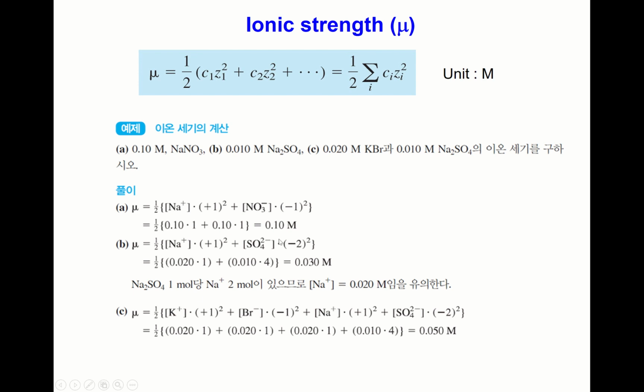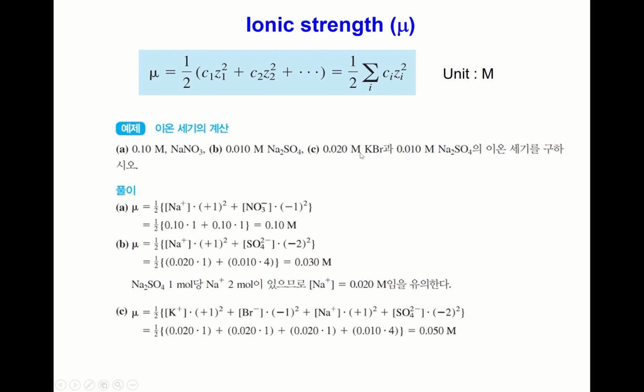You calculate here, then you get mu of 0.03 molar. Although this concentration is 0.01, the ionic strength is 3 times larger than the molar concentration because more sodium ions are produced.